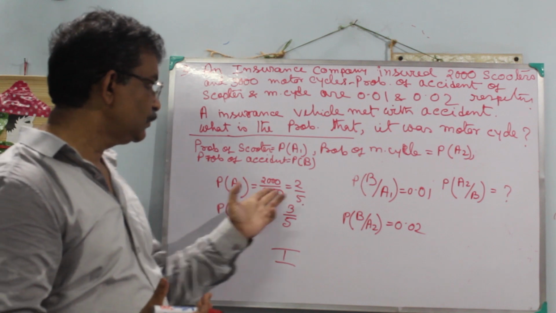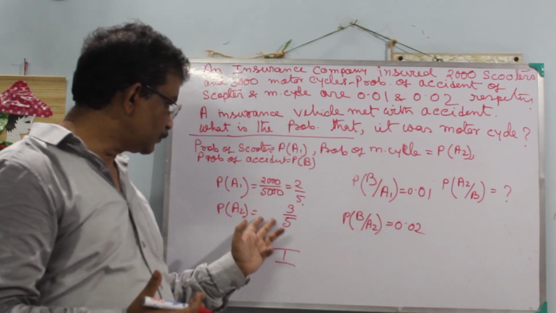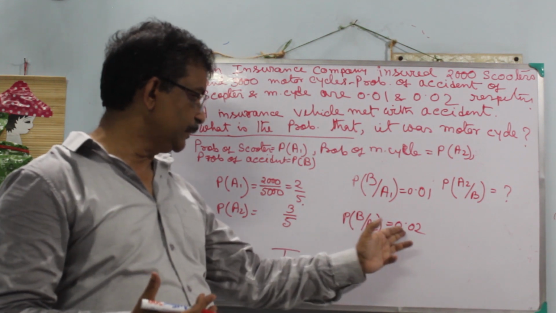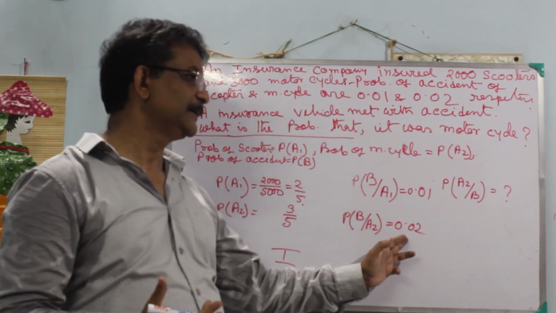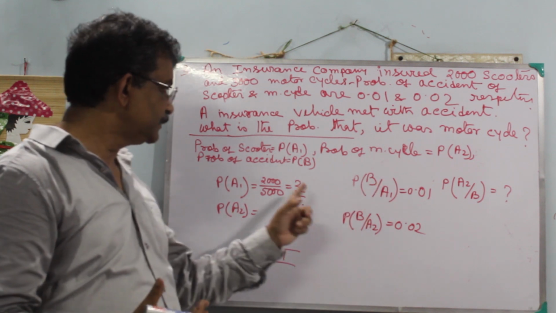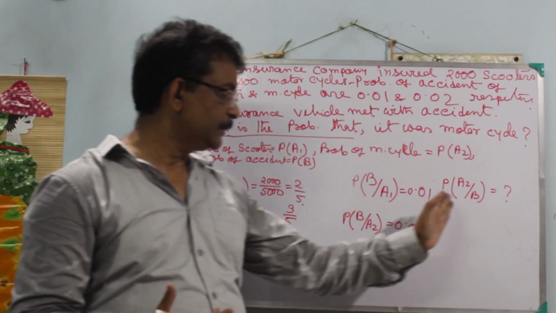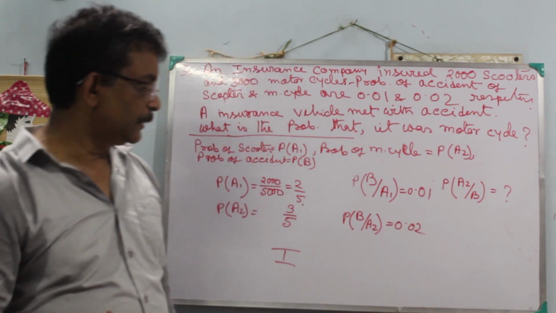If it is a scooter, what is the probability of accident? This into this. If it is a motorcycle, what is the probability of motorcycle and accident? This into this. So what is the probability of accident? This into this plus this into this, which will come in the denominator.